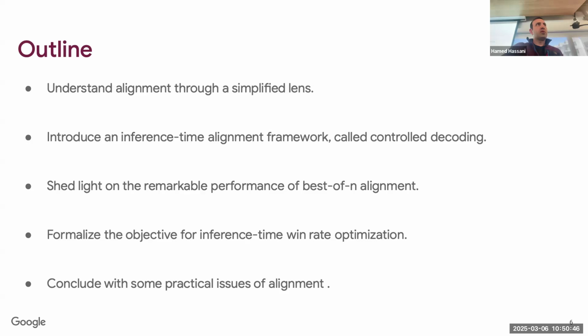Ahmad talked a little bit about inference-time defenses, and I will also talk about the fundamentals of this and why this is maybe a better way of doing defense, especially against jailbreaks. We're going to talk about a very, very simple algorithm in this space called best of n, and hopefully I will convince you to use it if you're not already using it. And we'll conclude with some practical issues.